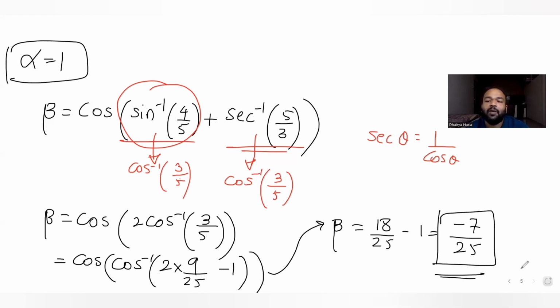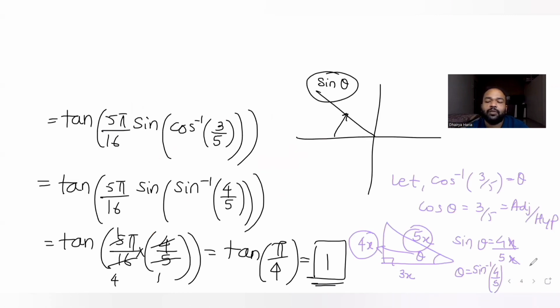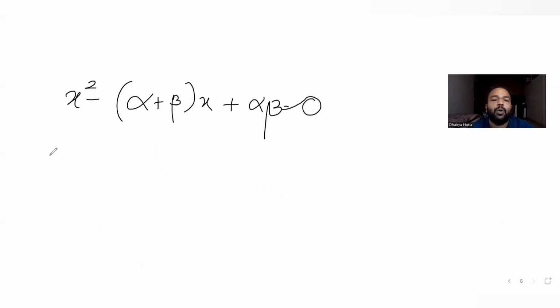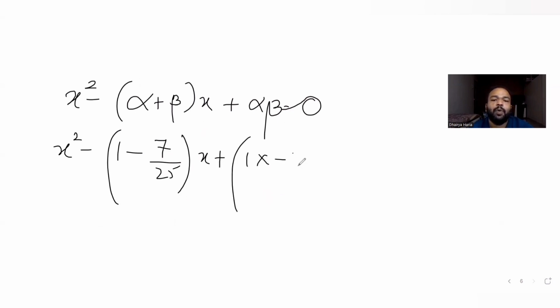Once you have alpha and beta known, alpha is given to us as 1, beta is minus 7 by 25. We know a quadratic equation whose roots are alpha and beta is given by x square minus alpha plus beta x plus alpha into beta is equal to 0. If I put in the values, 1 minus 7 by 25 x plus 1 into minus 7 by 25 is equal to 0.